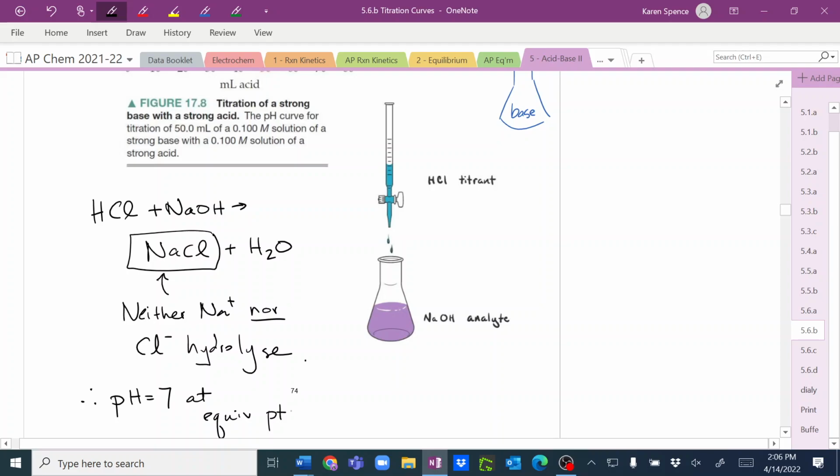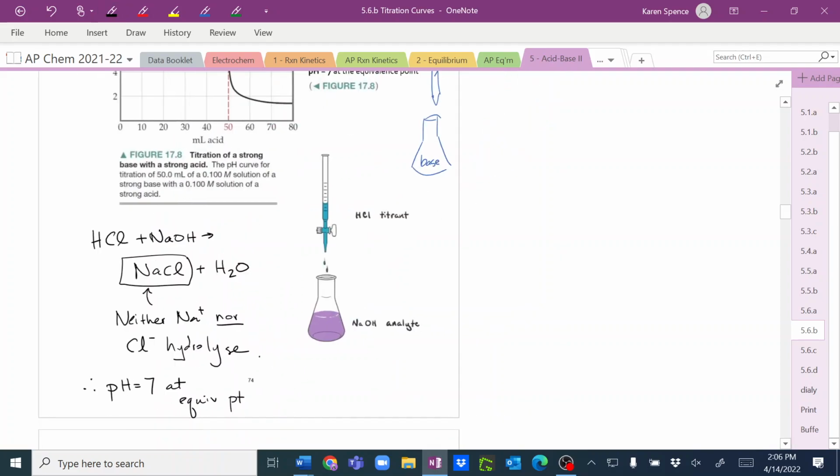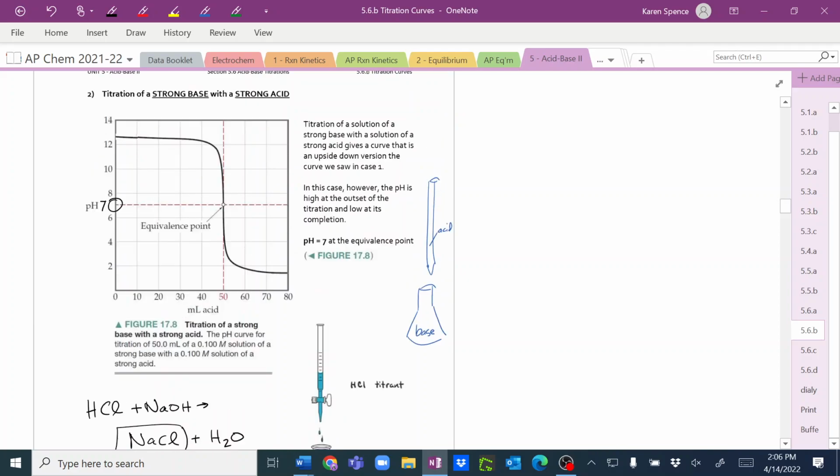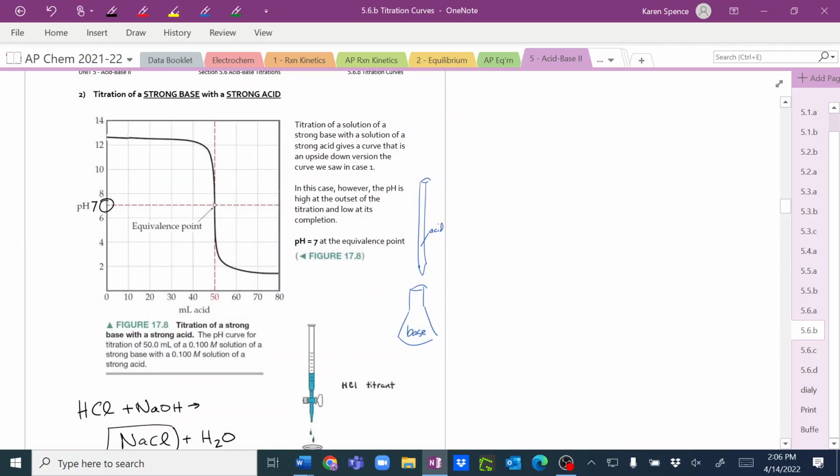So when you're drawing these curves, you want to make sure that your slope in the beginning part is very shallow. It's not flat, it is going down a little bit, but it's very shallow. And then it does this steep part. The middle of the steep part, of course, is the equivalence point, and then it is shallow once again.